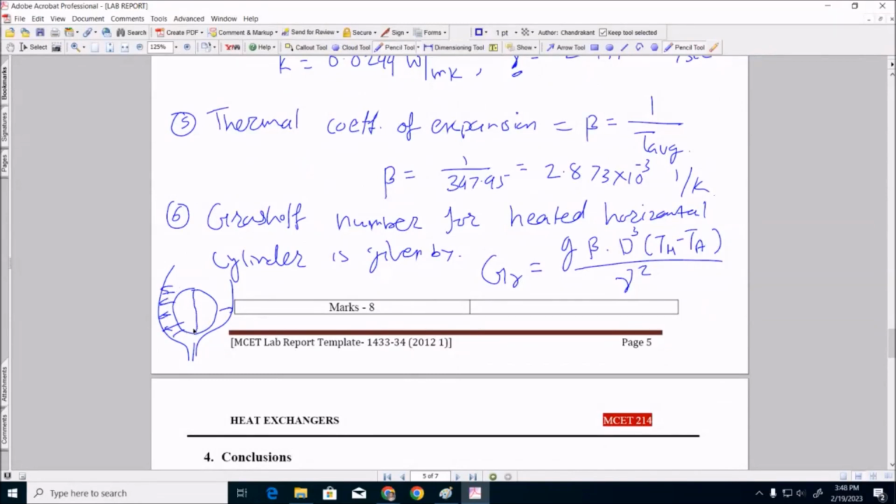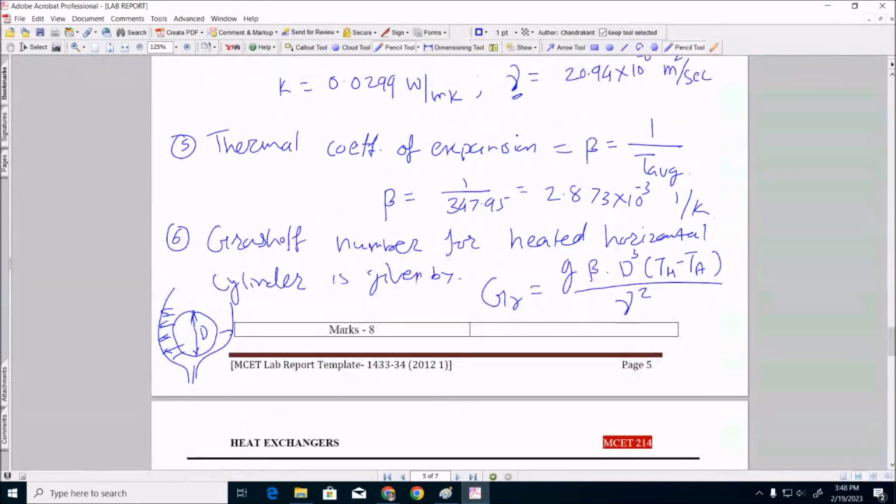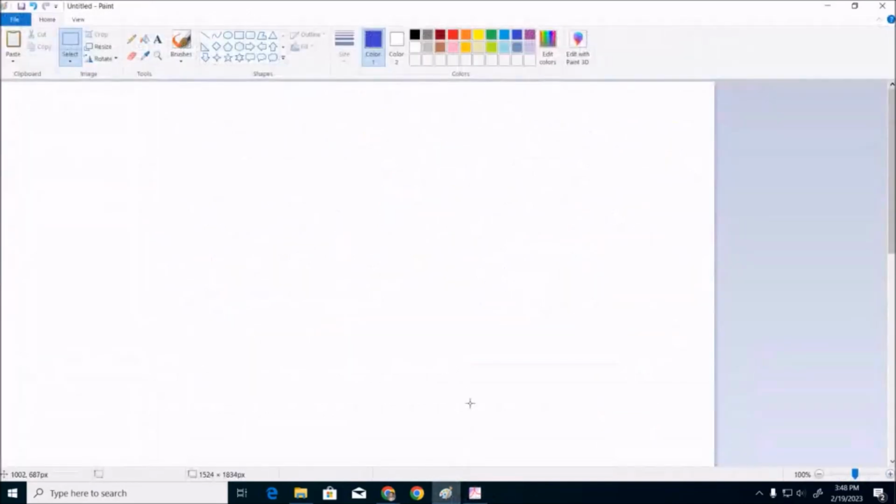So you need to take the effective length, which is the diameter of the cylinder. So here D. If it is a plate, we need to choose the vertical length. Now Grashof number we can find out. So Gr is equal to G beta D cube (TH minus TA) divided by nu square.